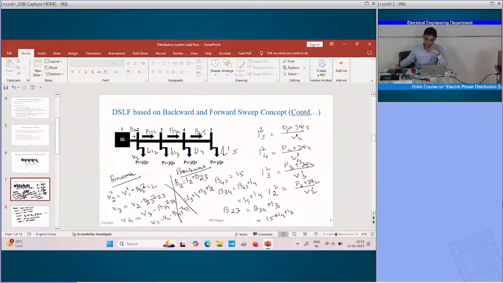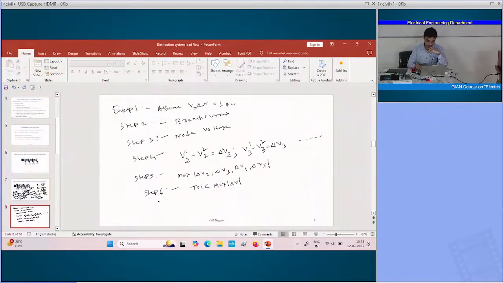Throughout this programming, the impedance is not going to change, it will remain constant. Whatever keeps changing is only the bus voltage and branch current. Similarly, we can calculate the node voltage for all of the iterations.